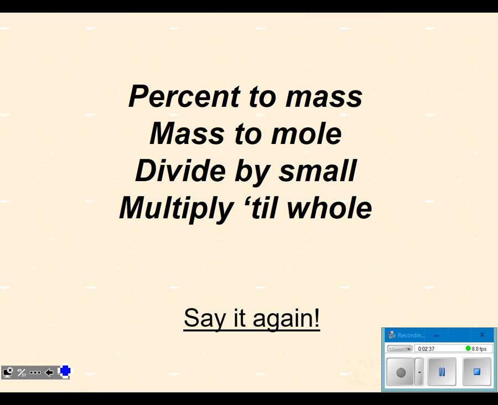You change percentages you're given to mass, convert those masses to moles, divide those mole values by the smallest amount, and then multiply until they're all whole numbers. Again, percent to mass, mass to mole, divide by small, multiply to whole. It's kind of catchy.